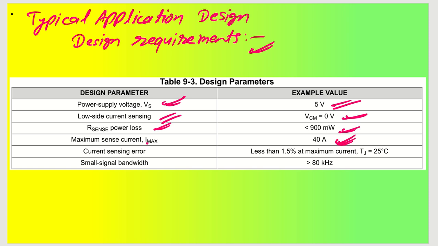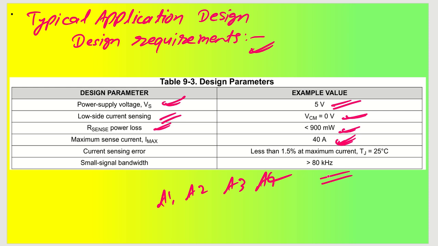So this is huge. Generally this much will not be needed, and anyway this is our design parameter, and we have current sense error of less than 1.5%, and a small signal bandwidth which is greater than 80 kilohertz.